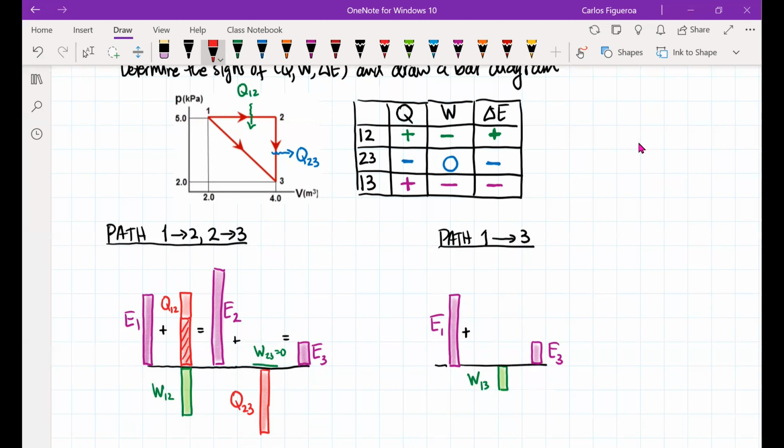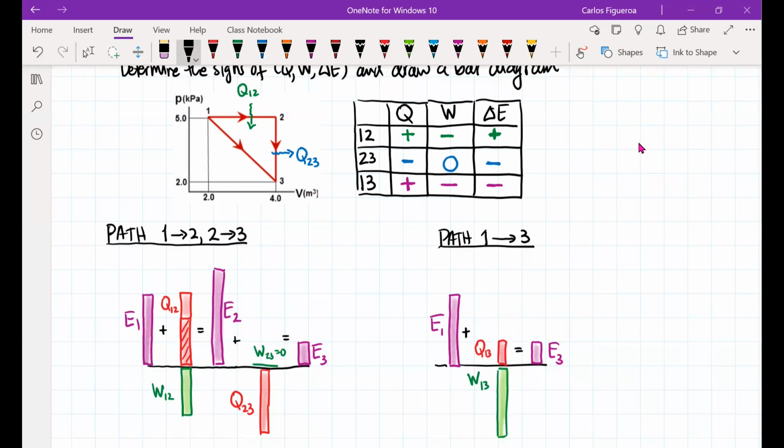Because I have to decrease this, so the work 1 to 3 is not correct. So I got to be a little bit more careful here. I got to decrease this by 3. And then if I increase this by 1, this will be the heat from 1 to 3 that I add.